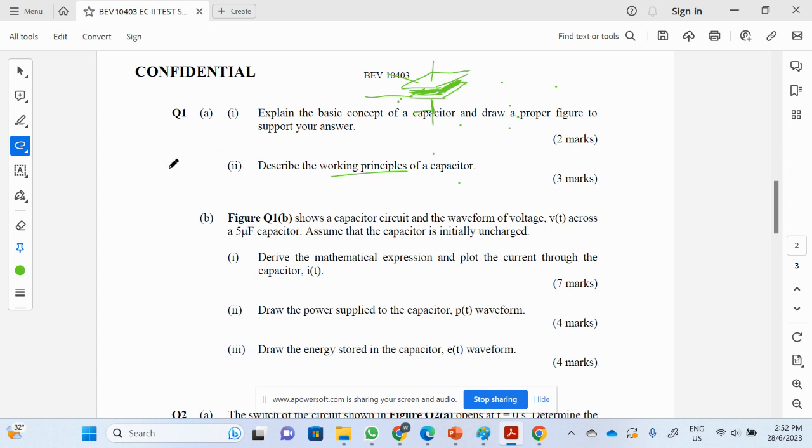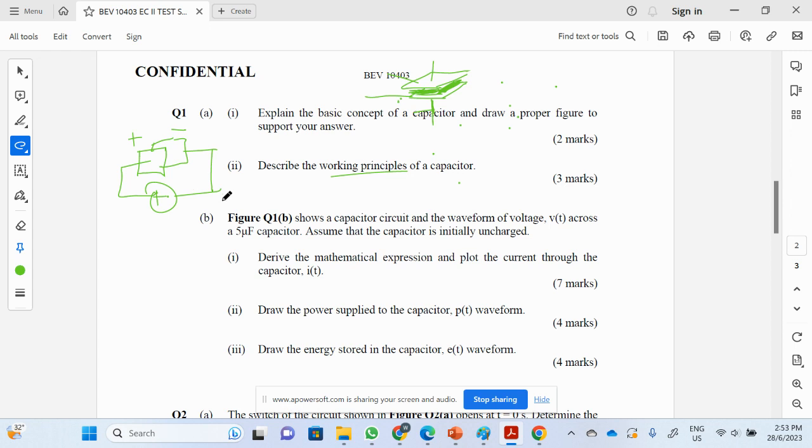Contohnya di sini untuk working principle ni, you have to mention regarding the plate that is connected with the voltage source, for example. Okay, so kalau untuk capacitor ni, the plate that is connected to the positive terminal will have a positive charge, and the plate that is connected with the negative terminal will have the negative charge.